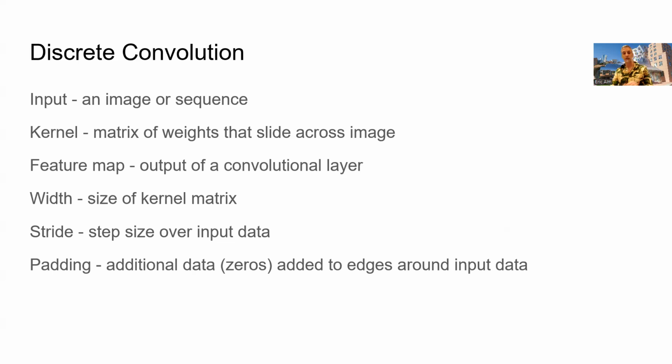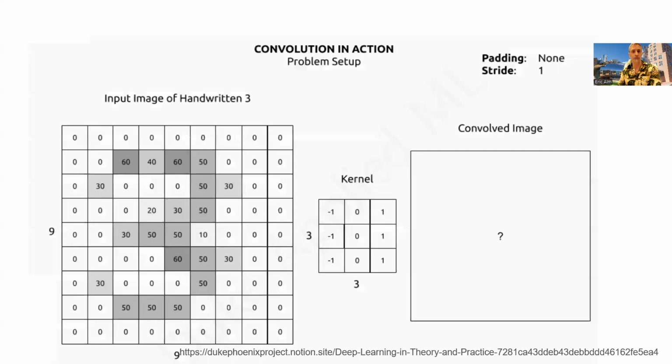I'll also briefly mention a few practical issues, like padding the original data with zeros. Okay, so I want to walk through an example. If you look at the URL here, I just want to point this out.